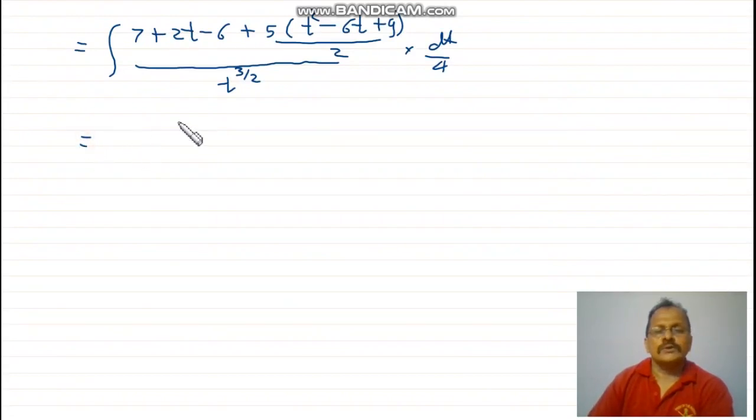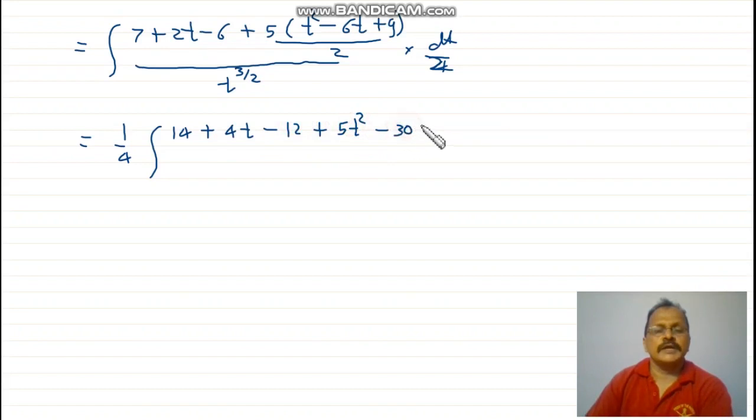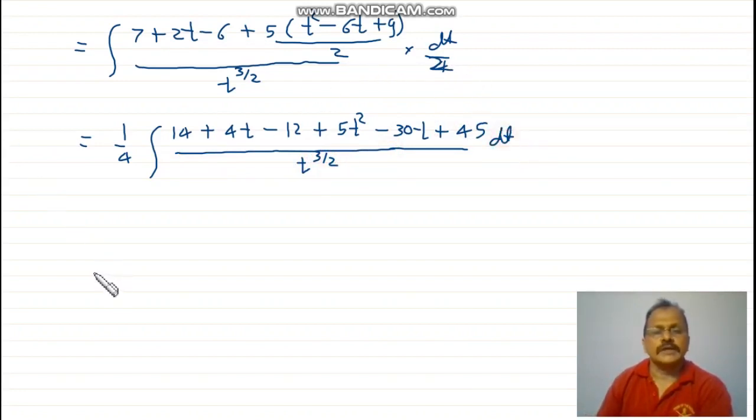This is equal to 1 by 4 integration 14 plus 4t minus 12 plus 5t square minus 30t plus 45 divided by t raised to 3 by 2 dt. This 2 and 2 taken outside.